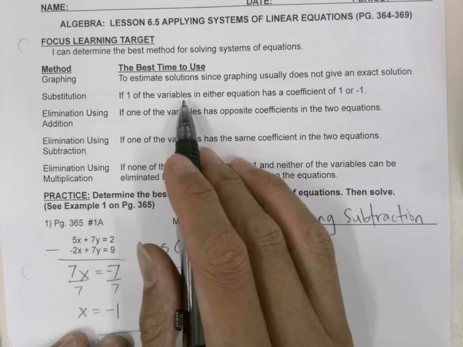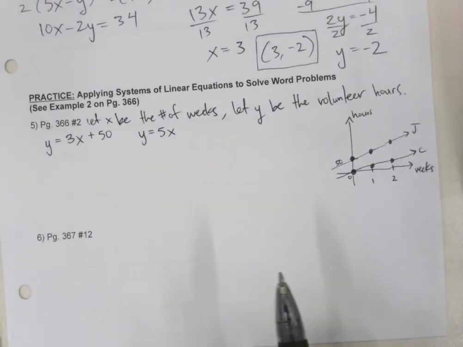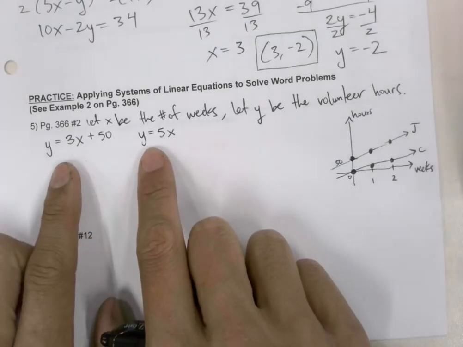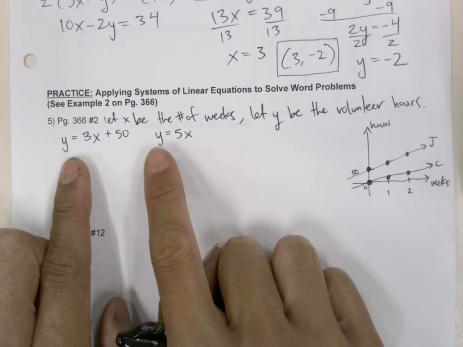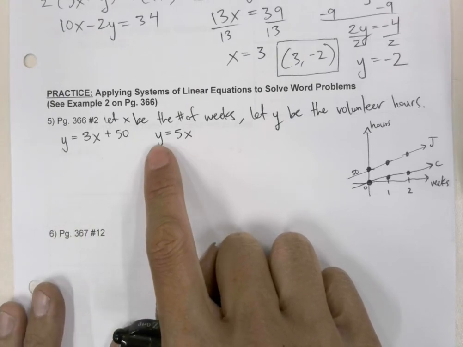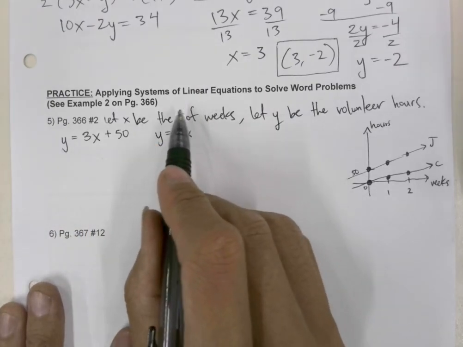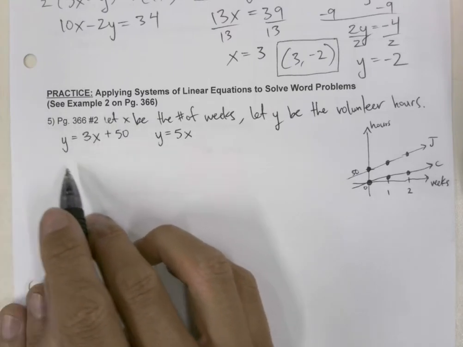Substitution, if one of the variables has a coefficient of 1 or -1. And I think that's a great method to solve this system of equations, because here our variable y has a coefficient of 1. Not only that, but it's solved for, and so we can just go ahead and substitute and solve for x.